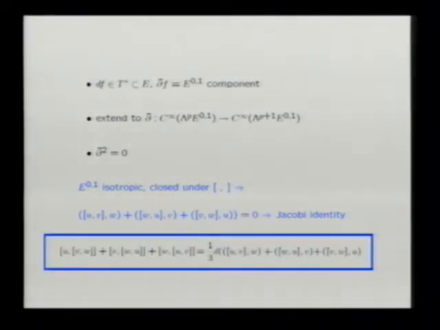And so what that means is that if you look at this formula here, then the closure of sections of E 0,1 under the Courant bracket means that this term here, if U and V are sections of E 0,1, then this also is. But here we've got an inner product, and this inner product vanishes because this is an isotropic subbundle. So actually this right-hand side vanishes if we're looking at sections of E 0,1 or its dual. And what this means is that actually the Jacobi identity does hold, which means that d-bar squared is equal to 0.